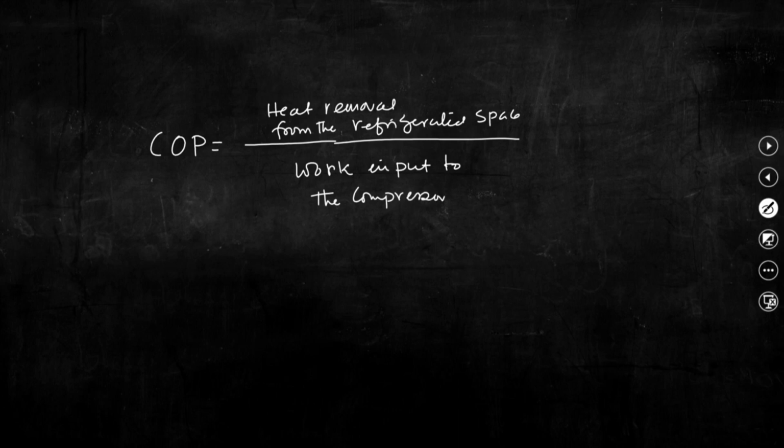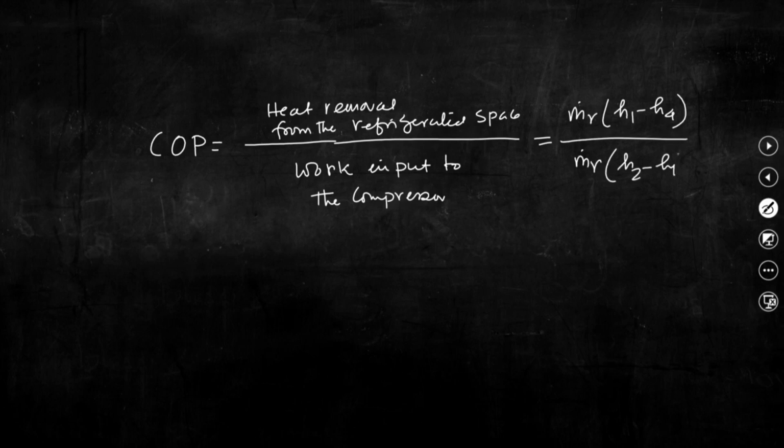In fact, this heat removal from the refrigerated space is also known as the refrigerating effect. So, we can write that it is m dot r into H1 minus H4 divided by m dot r into H2 minus H1. Already we have calculated this quantity and the quantity equivalent to the work input to the compressor. So, this is the COP.